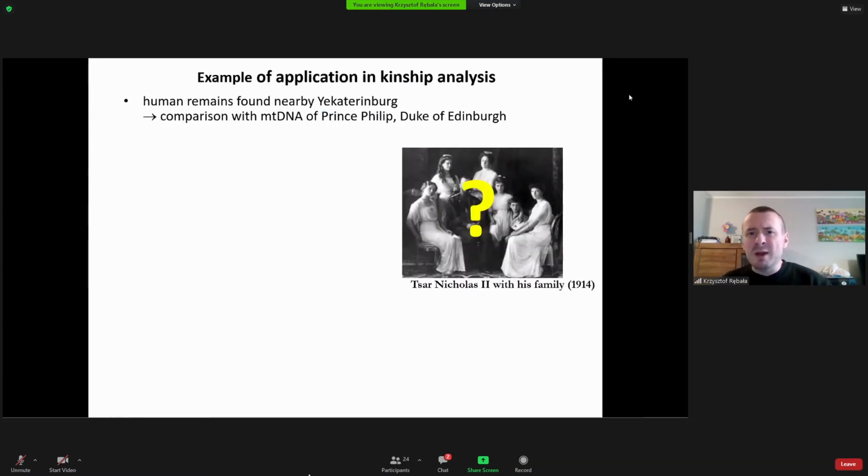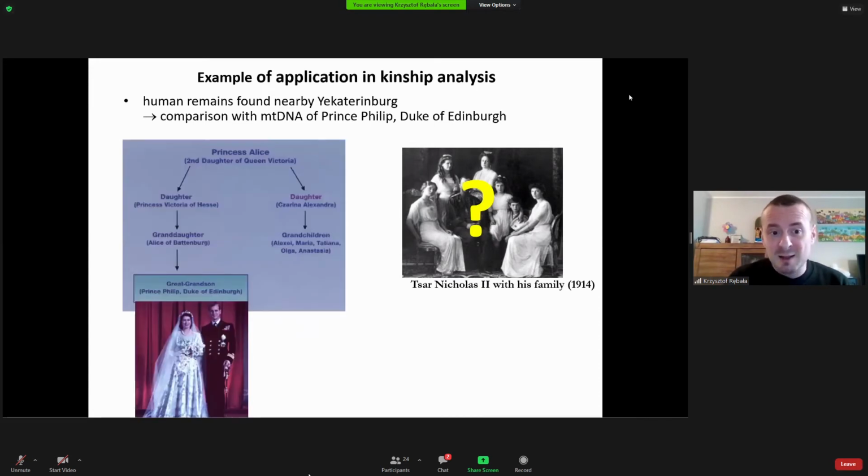We are coming back for a moment to Yekaterinburg, because according to the genealogical data, the Tsar's wife and all his children must have shared mitochondrial DNA with Prince Philip, Duke of Edinburgh. I think he died quite recently, this year or last year.